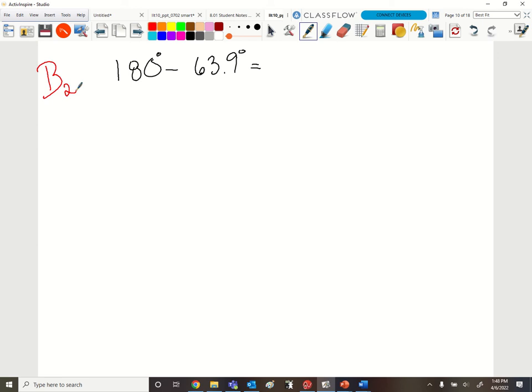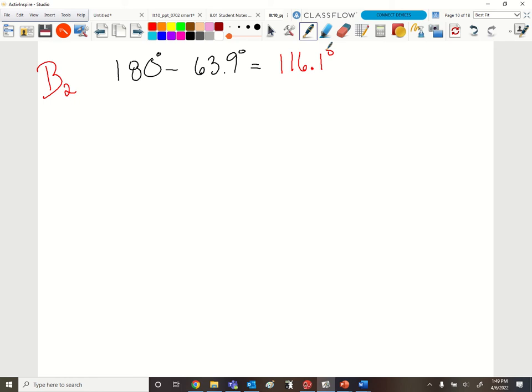This is how you find out if there's going to be a second one. We know all three angles in a triangle add up to what? 180. So now I have to test this.